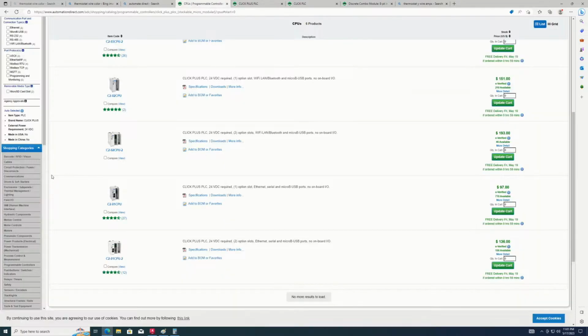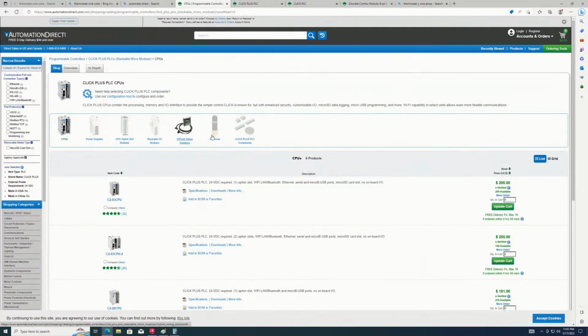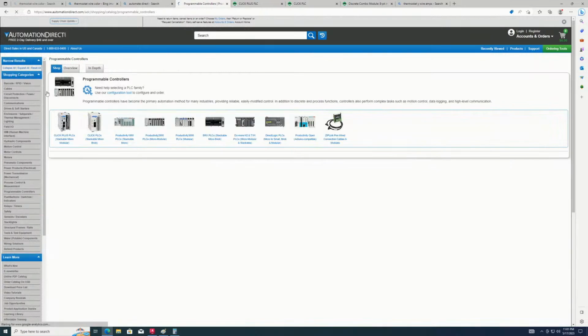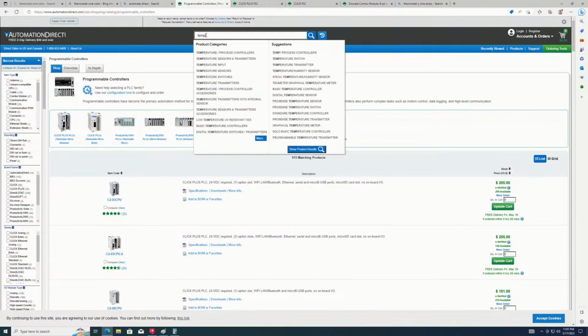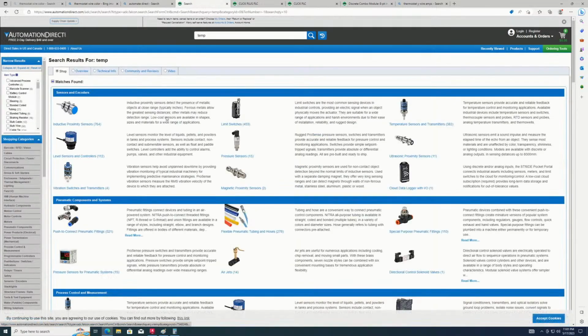Okay, let me see. Yeah, I'll have to do some sort of temperature monitoring with it. Because I can actually do temperature monitoring with an analog input on these PLCs. Yes, you can. Make sure you get the right thermocouple.